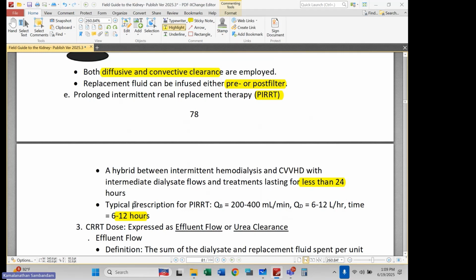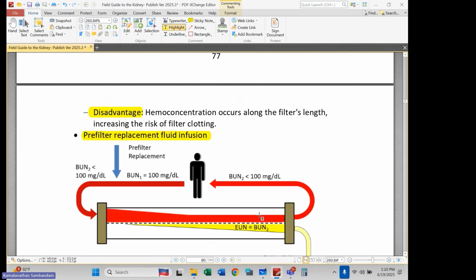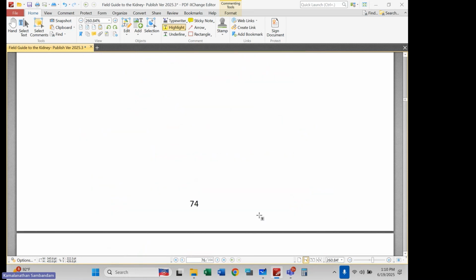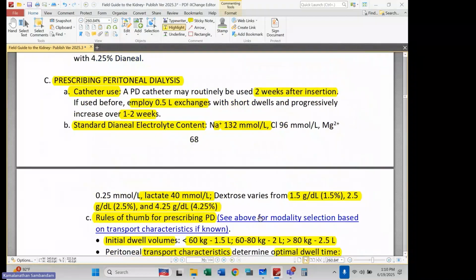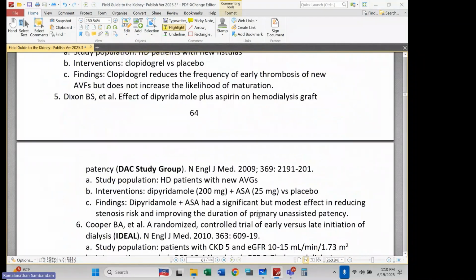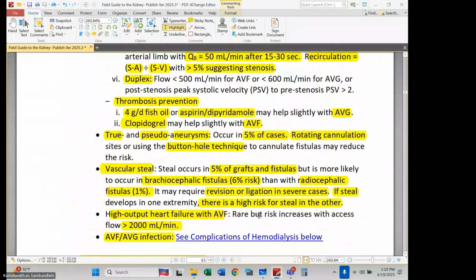A typical prescription for prolonged intermittent renal replacement therapy would be a blood flow rate of around 200 to 400 mils per minute, dialysate flow rates of 6 to 12 liters per hour, and these times of around 8 hours. Now, I'll once again challenge you to use the standard weekly KT over V. Remember that?